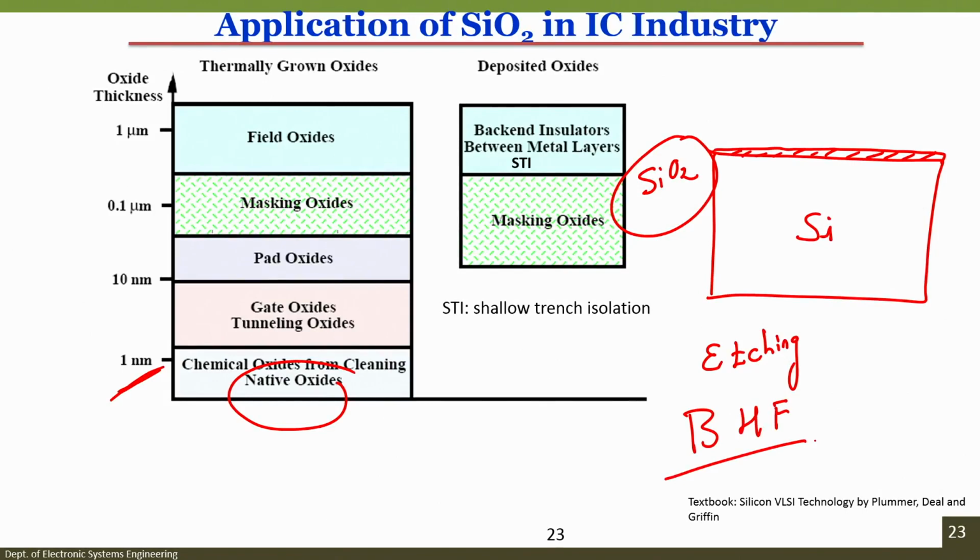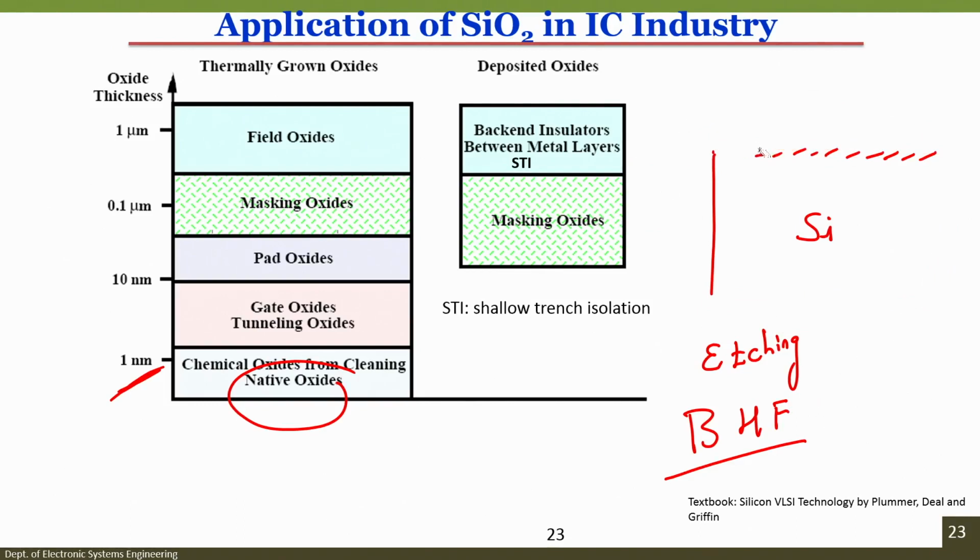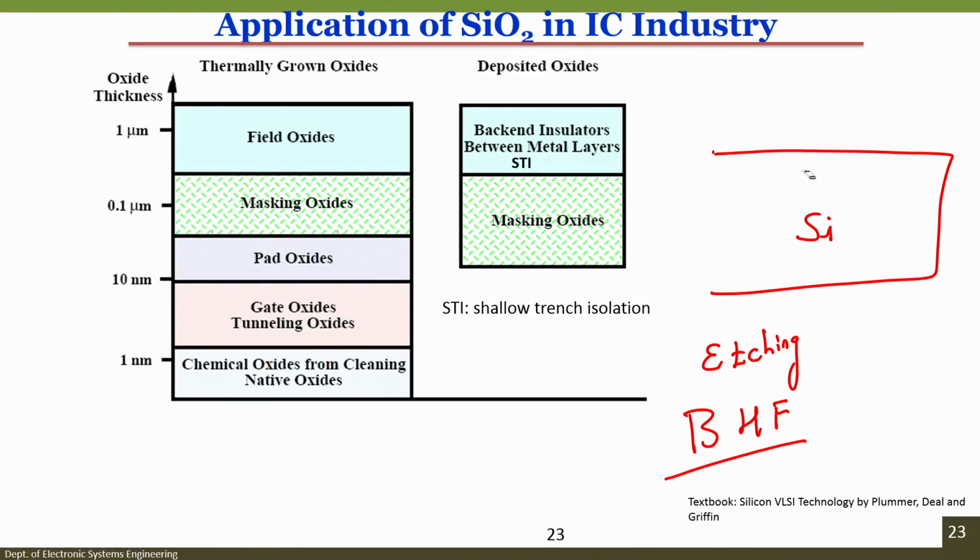If you dip the silicon wafer in BHF, the native oxide grown on the wafer will get etched. This native oxide is close to 1 nanometer.